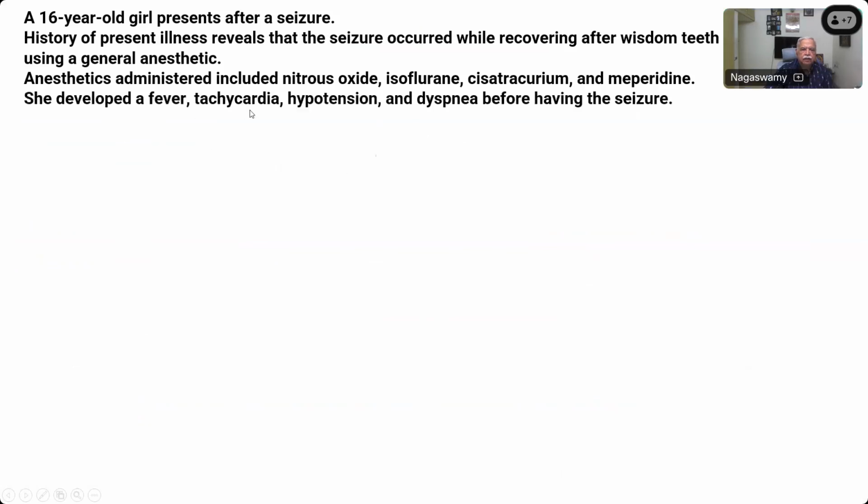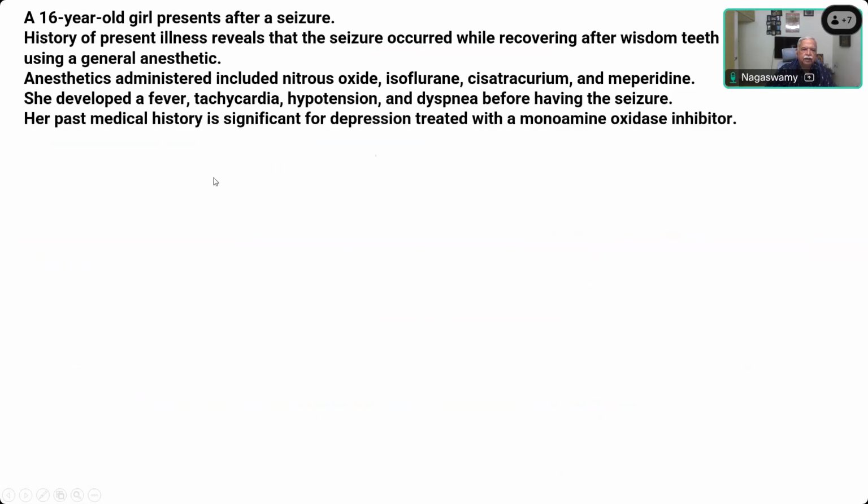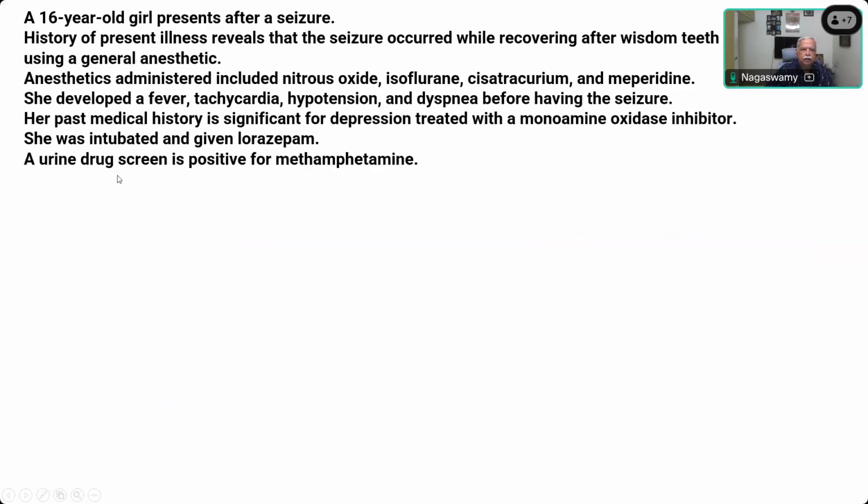She developed a fever, tachycardia, hypotension, and dyspnea before having the seizure. Her past medical history is significant for depression treated with monoamine oxidase inhibitor. She was intubated and given lorazepam. A urine drug screen is positive for methamphetamine. Which of the following is the likely diagnosis?